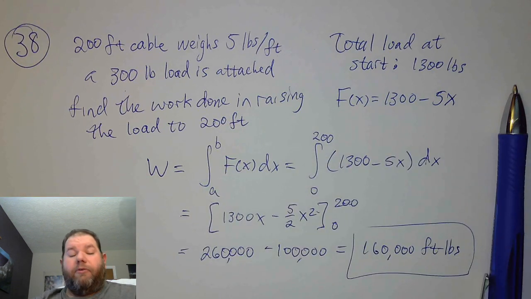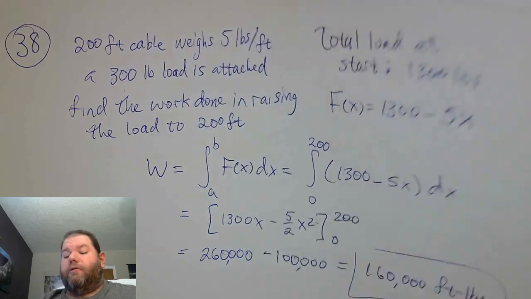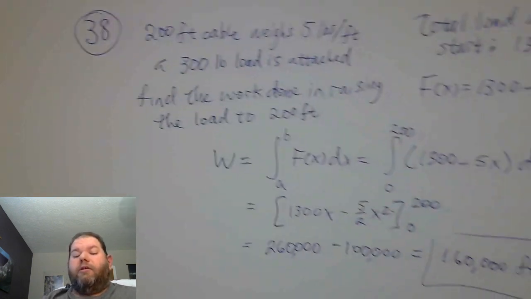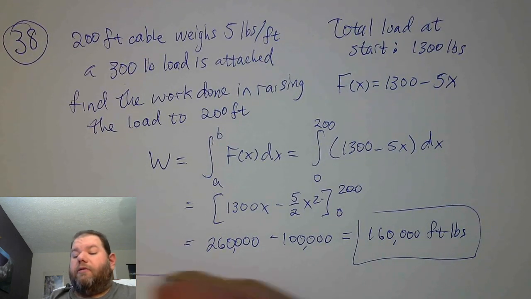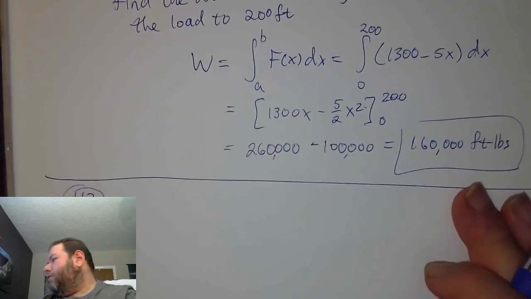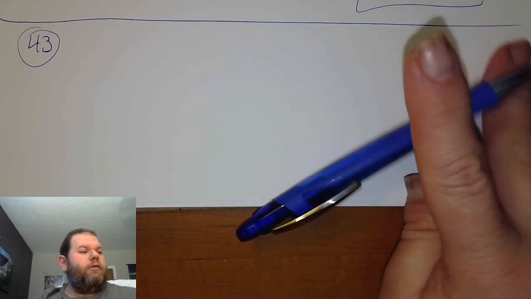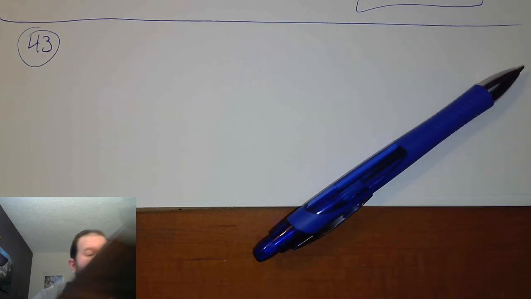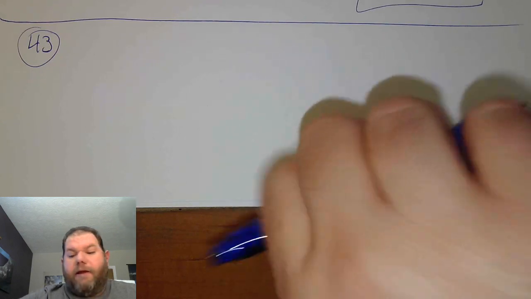So the last problem we want to look at is 43. And actually, I'll go ahead and start on this page because we'll probably need the space. And we want to find the center of mass.